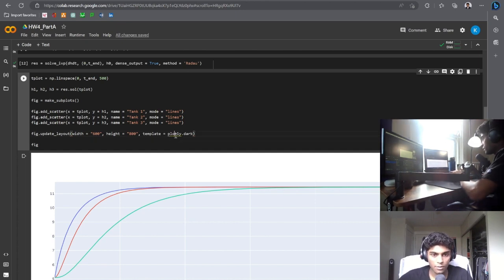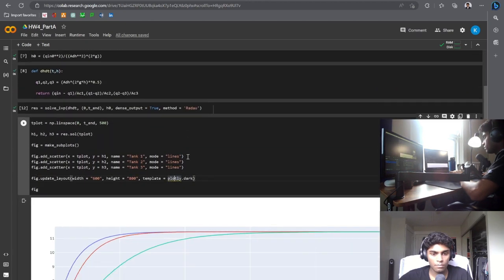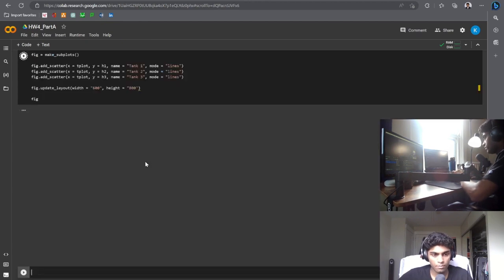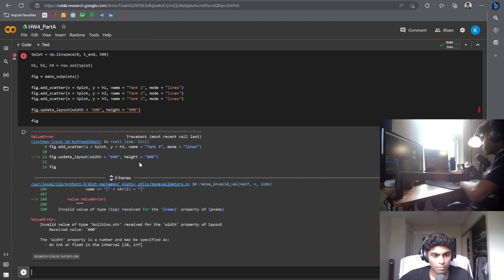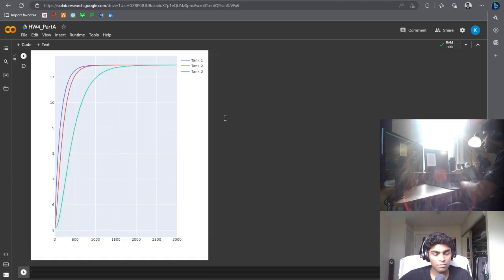I believe that's how you do that. I shouldn't have these parentheses. Right? So we see the same thing. It's just evening out once we get to the top.